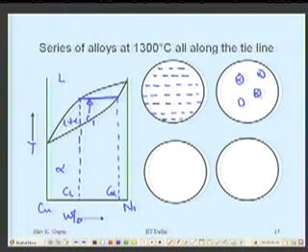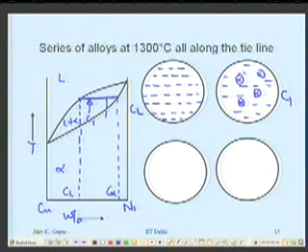Alpha phase is present here, and rest is all liquid. That is composition C1.